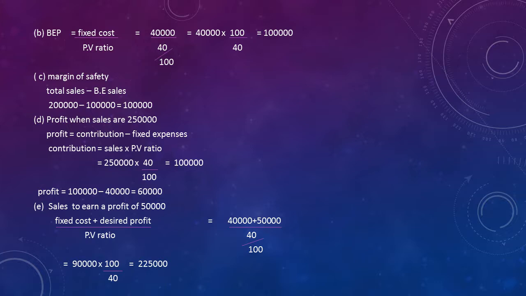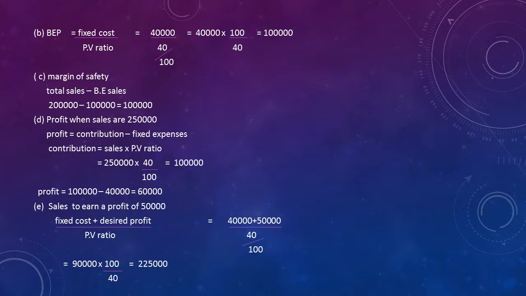The next, profit when sales are 2,50,000. What will be the profit earned by the company if our sales is 2,50,000? Now we have only 2 lakh rupees sales. So what will be our profit when we have sales of 2 lakh 50,000? Here, how can we calculate profit? Contribution minus fixed expenses will give the answer for profit. How can we calculate contribution?